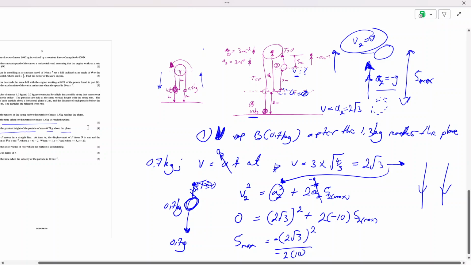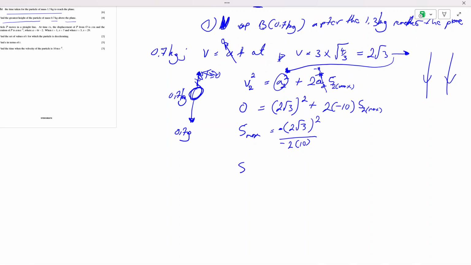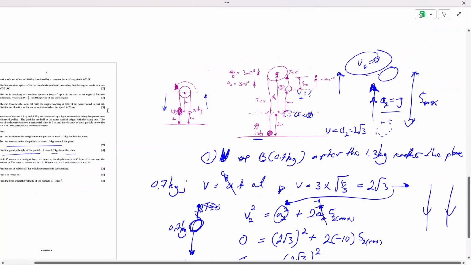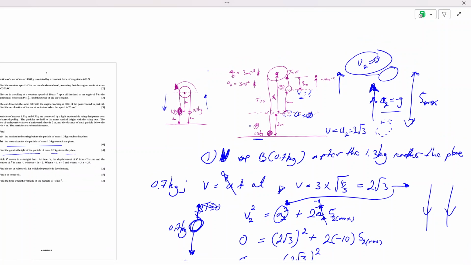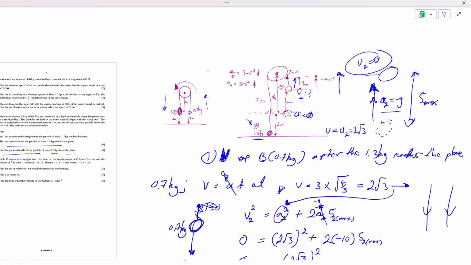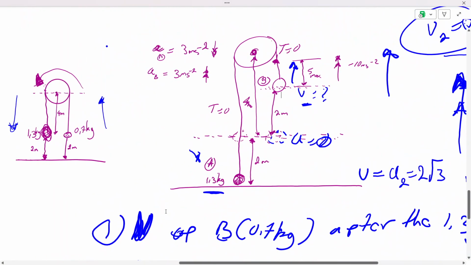Then I get s max is 0.6 meters. So what is this 0.6 showing me? It's showing me that after particle A has reached the plane, particle B travels a further 0.6 meters.